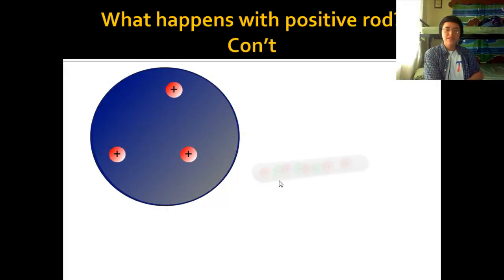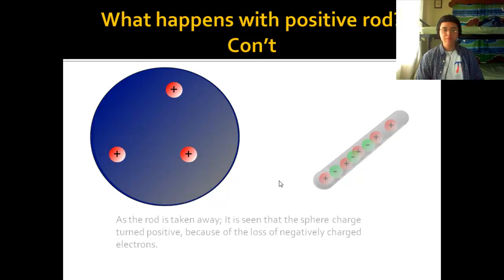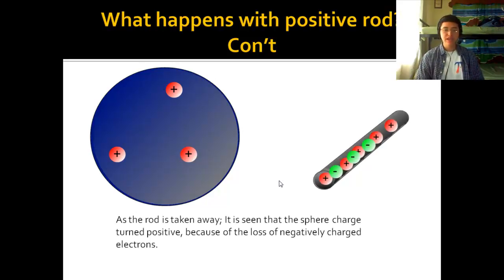And as the rod is lifted away, it is noted that the sphere remains positive because of the loss of negatively charged electrons, as stated here.